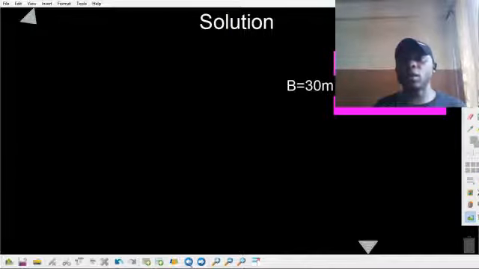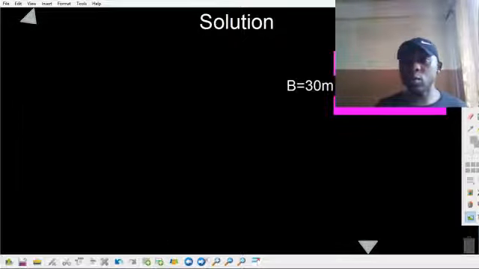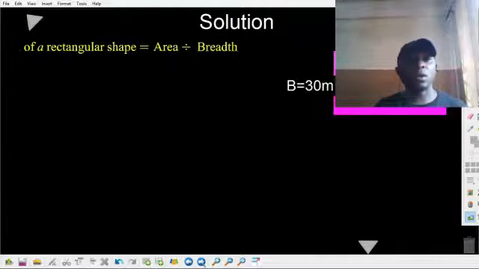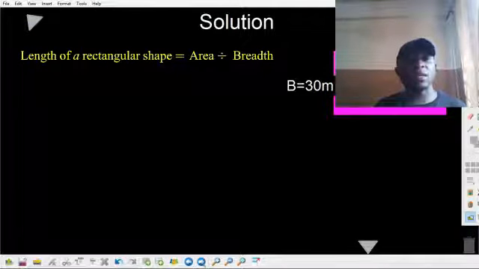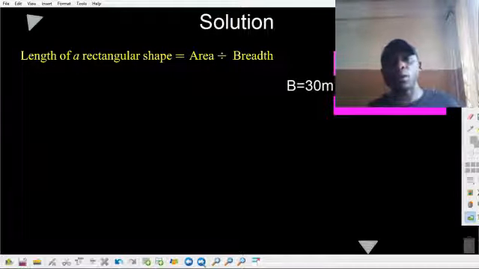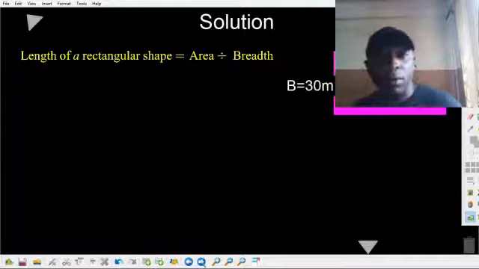Here the area of the floor of a room is 1,200 meters square, and the breadth is given as 30 meter. Now here the formula says the length of a rectangle is equal to area divided by breadth.